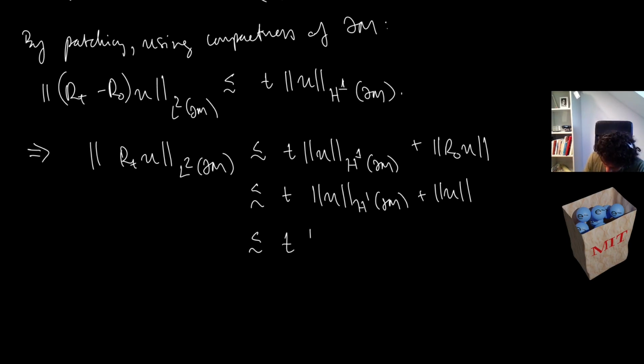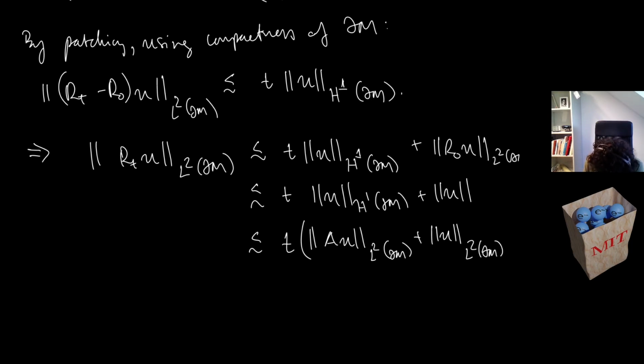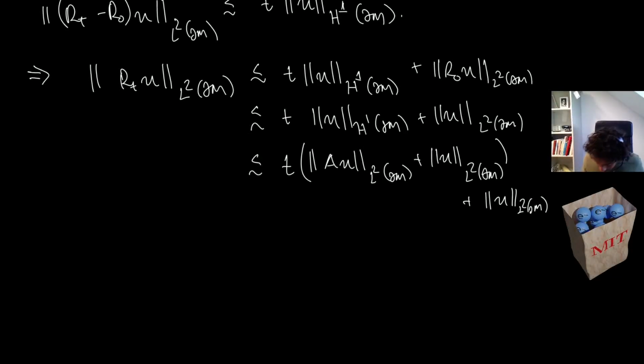So that means that we can control the H1 norm by the L2 norm of A of U, plus the L2 norm of U. Of course the number R is finite, so for the inhomogeneous part we can just write R in place of T, and then we end up with the required estimate: the L2 norm of A of U on partial M plus the L2 norm of U on partial M.